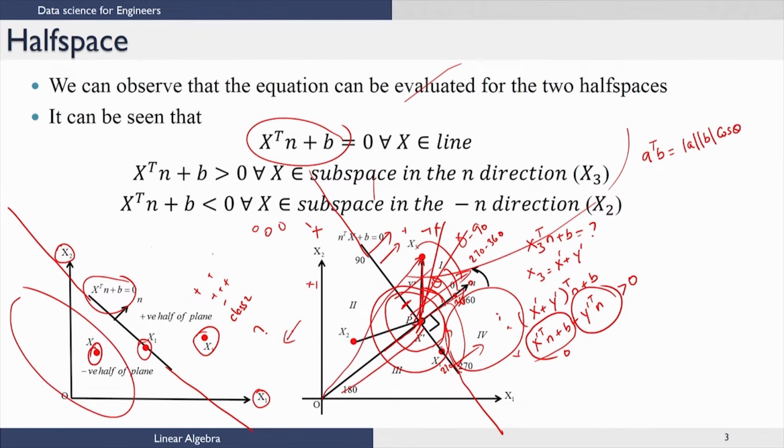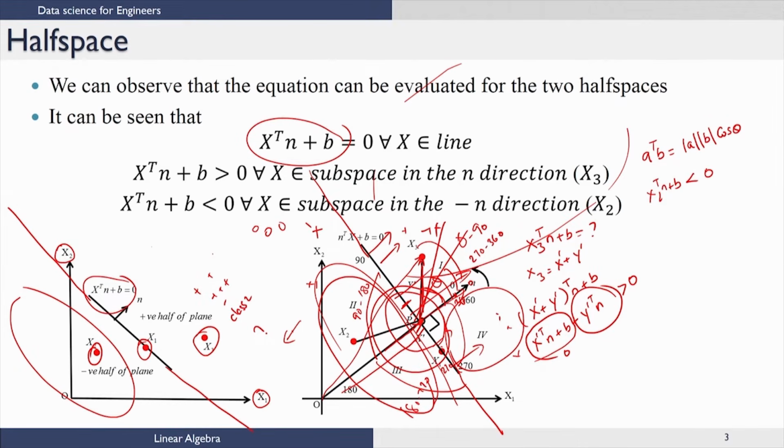Now, by similar argument, you can say for any point on the other side or the other half space, the angles are going to be between 90 to 180 here and 180 to 270, and as we know, cos theta for angles between 90 to 270 is negative. So, any point on this side of the line or the half space, the computation x2 transpose n plus b is going to be less than 0.